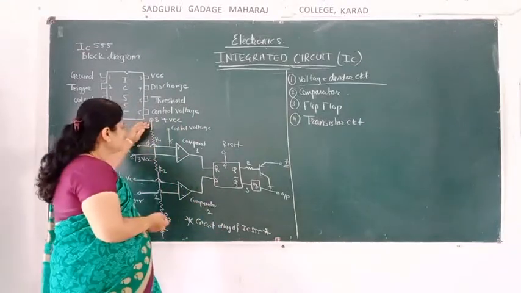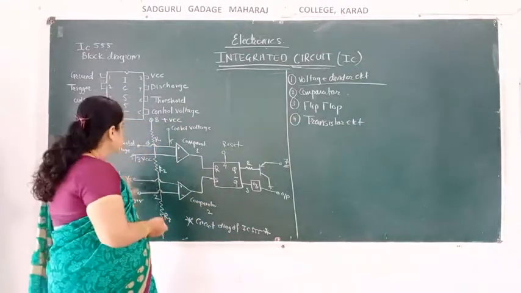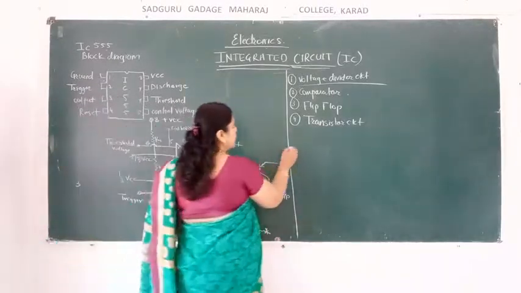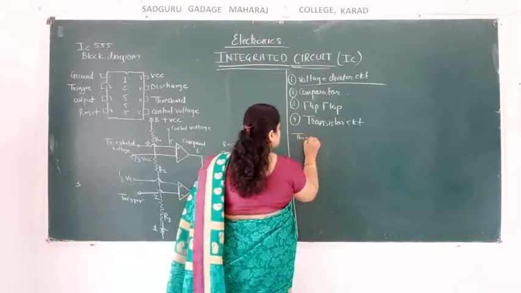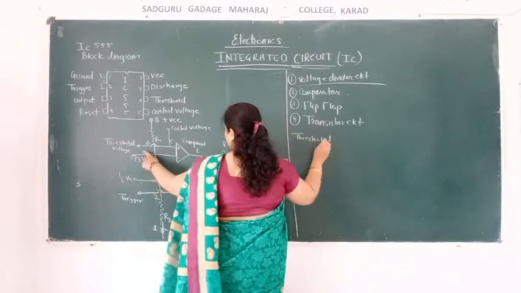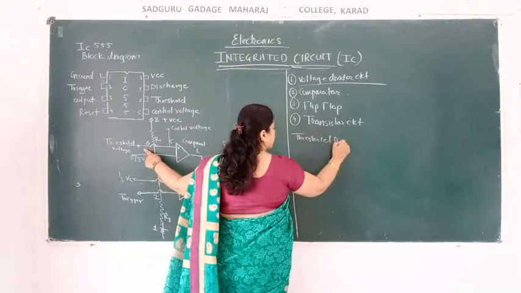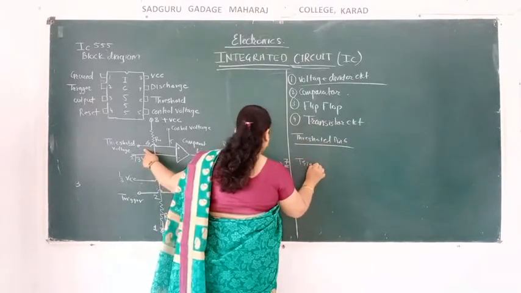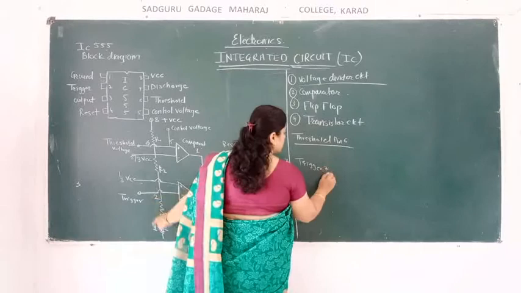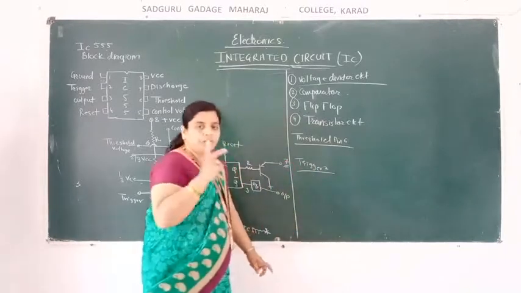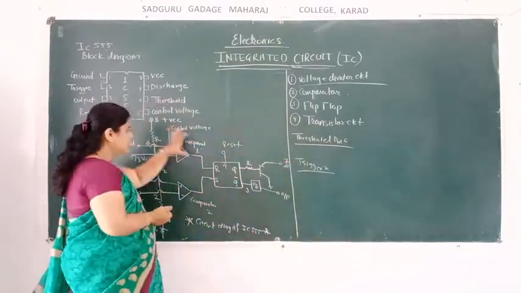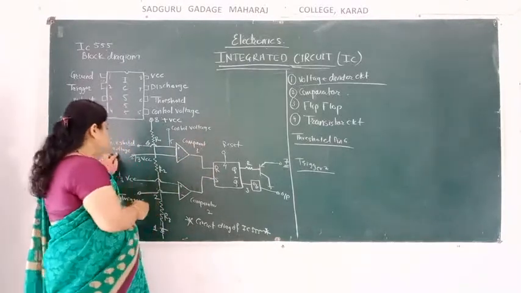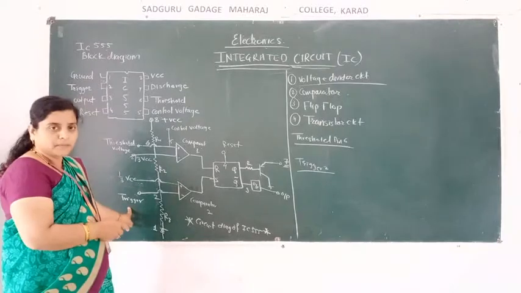If supply is given to the plus VCC, then threshold voltage and trigger are our two inputs. Threshold, pin number 6, and trigger at pin number 2, are our two inputs. The whole working depends on these two inputs, threshold voltage and trigger input.